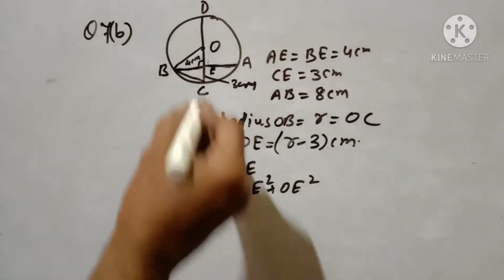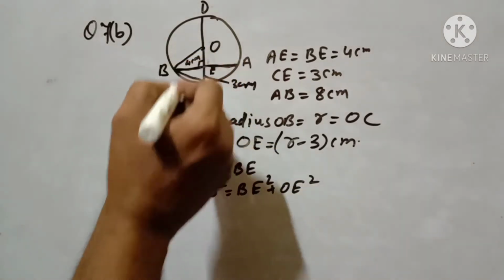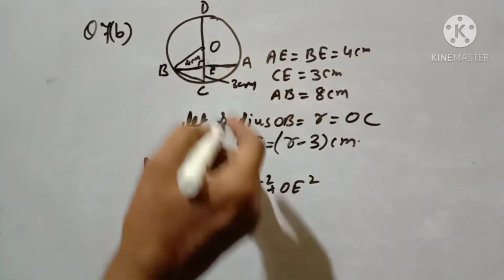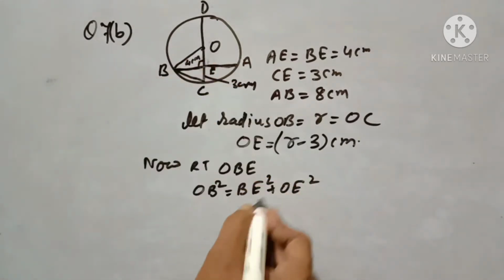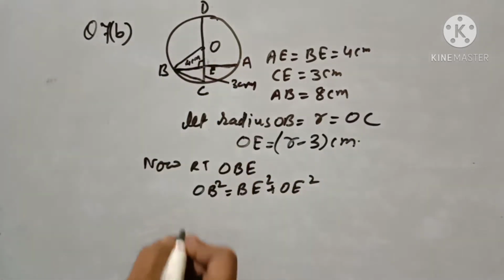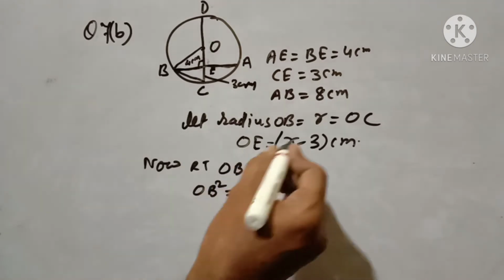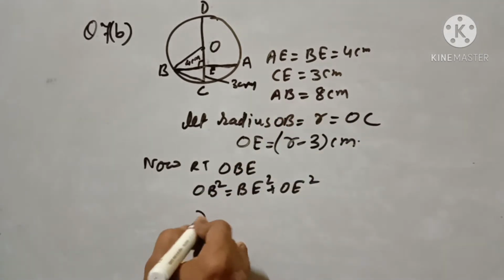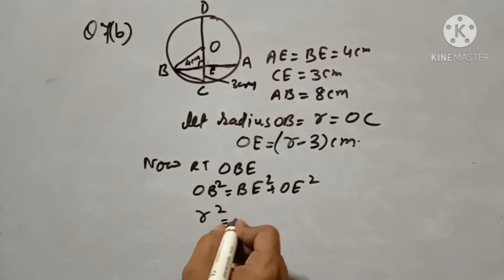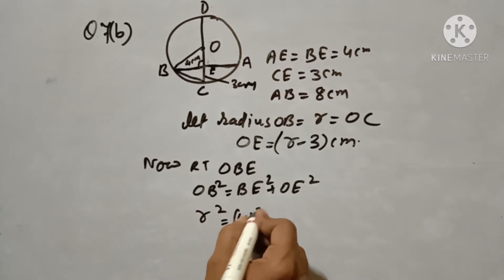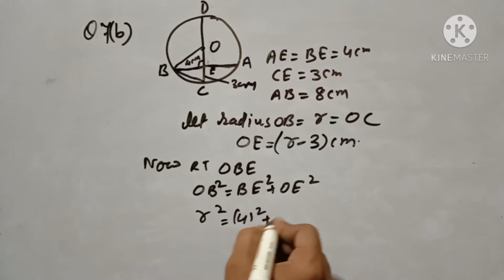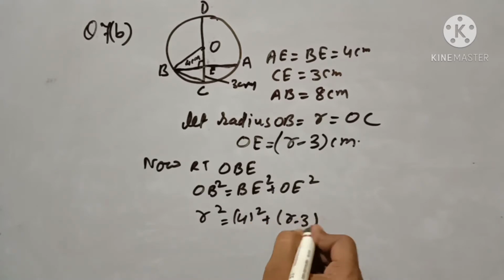Now in right angle triangle OBE, I can write OB square equal to BE square plus OE square. Here OB value is not given, so I can write R instead of OB, because we have considered OB is R. So R square equal to 4 square plus R minus 3 whole square.